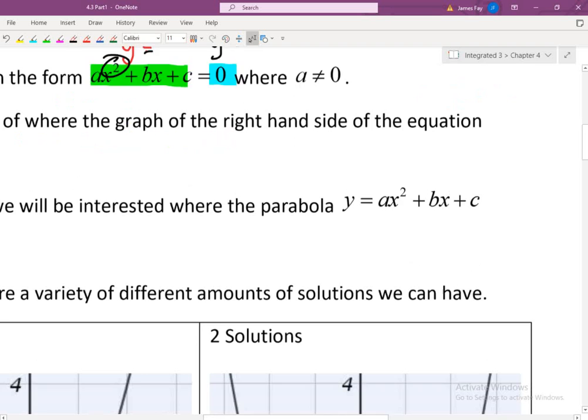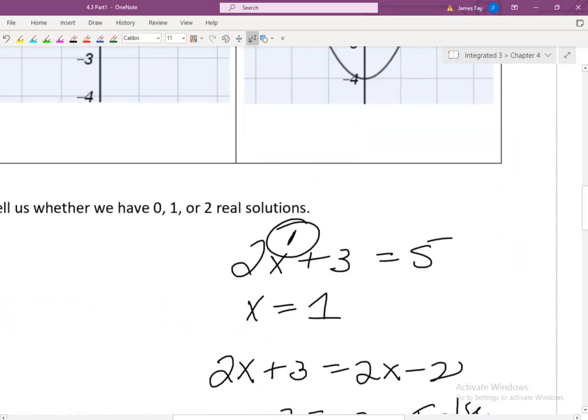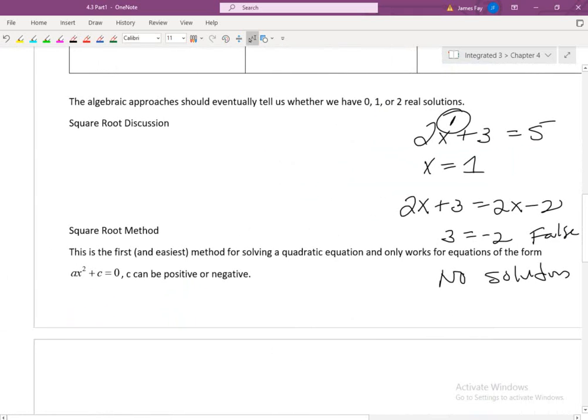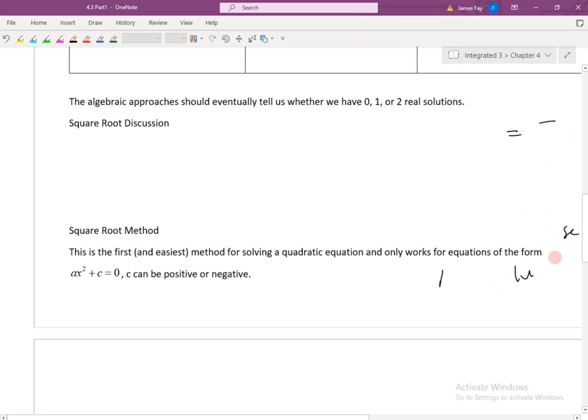So the first thing I want to do in this section is talk about how we determine those x-intercepts for a special type of quadratic equation.